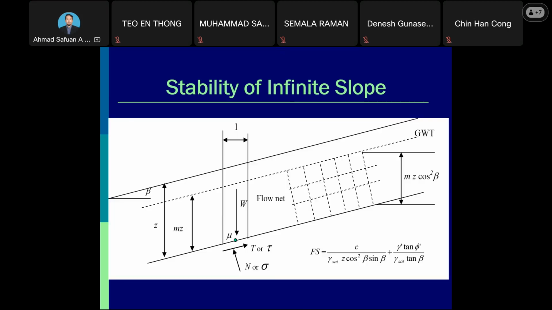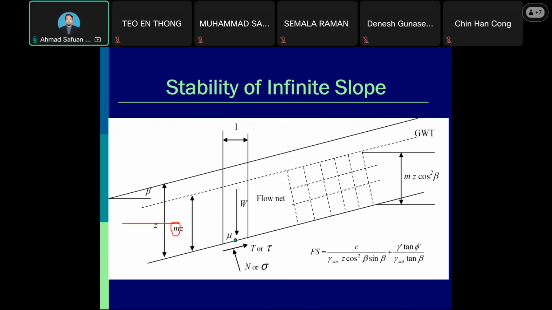In order to overcome the limitations of the previous approach, we may use this kind of approach to determine the stability of the infinite slope, where we use the concept of M to overcome the limitations of the previous equations.